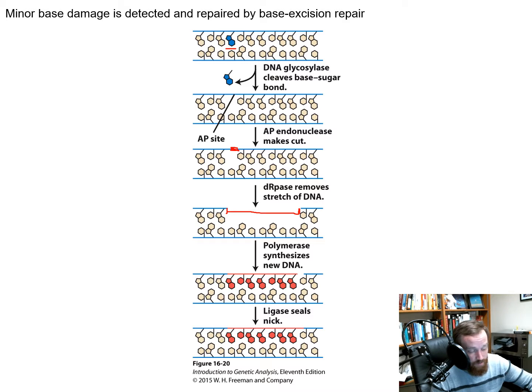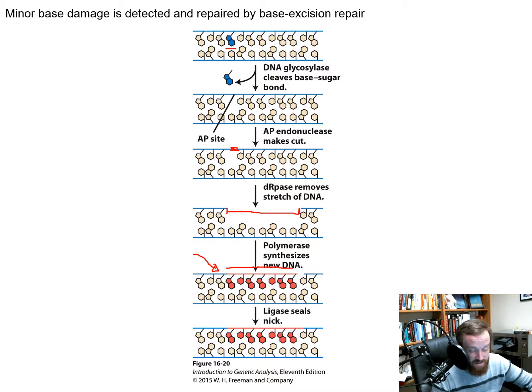Then polymerase can come in, and it will find that site that is missing. It's only single-stranded, and it can use the upstream site for kind of the primer that's required to get that polymerase onto the DNA, and it will synthesize this new strand here.